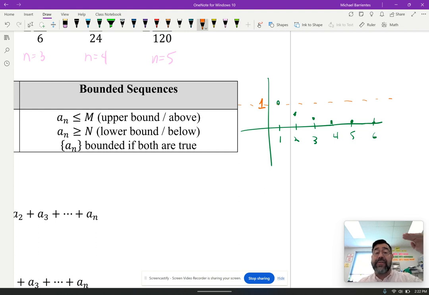That's the upper bound. And it's bounded below by zero. That's the lower bound. So therefore, this is a bounded sequence. It is quote unquote trapped between a highest output value and a lowest output value, right? So bounded sequences are going to be helpful because their behavior is predictable and we can work with that.